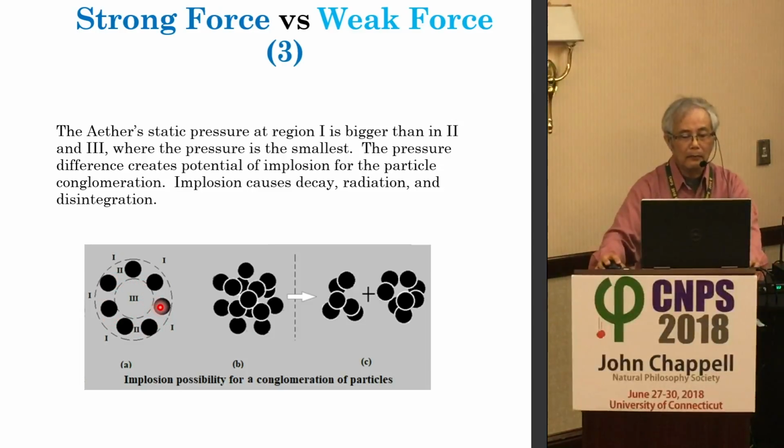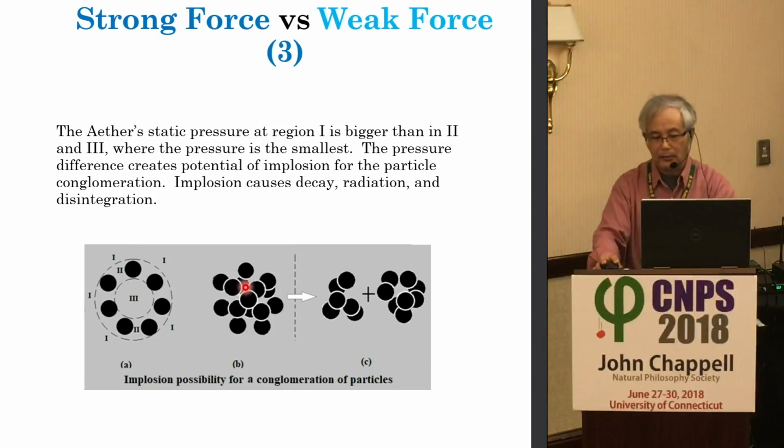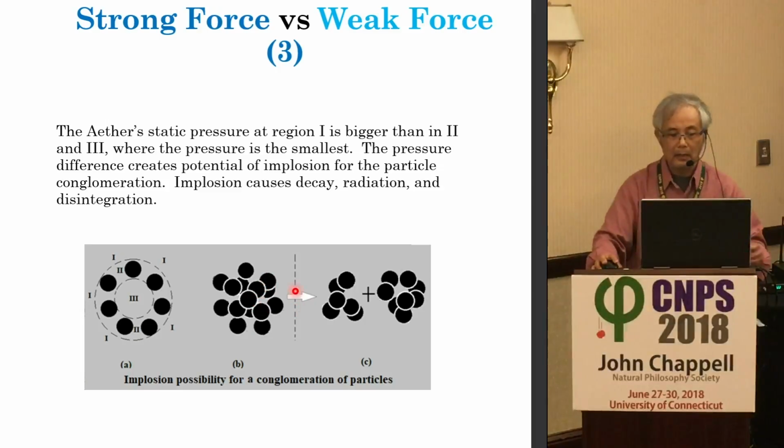And so when we look at this aggregate, the space inside the aggregate has the weakest pressure of ether particles, or the ether fluid, and it creates a potential for this aggregate to implode. When the implosion happens, the aggregate will split into 2 groups or even 3 groups.